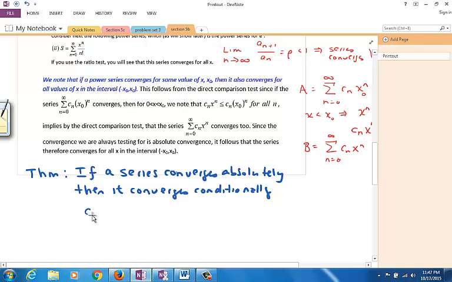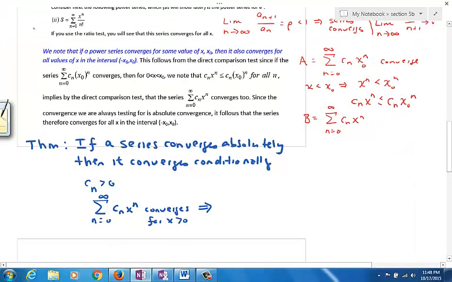Suppose all the c_n are greater than 0, and I know that this power series converges for a positive value of x. This implies that this same power series has to converge when x is less than 0.